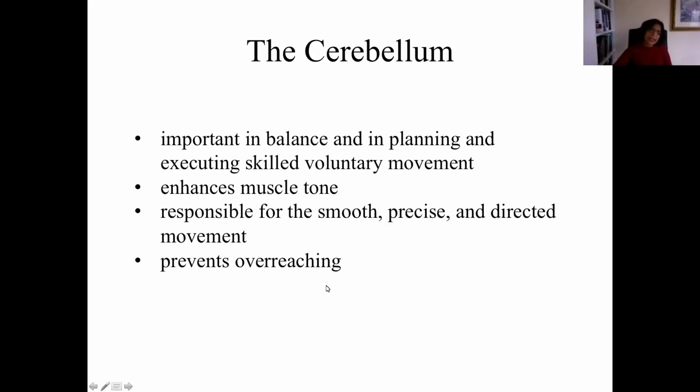Basically, what that's saying is, if you want to grab a pen, how far you have to stretch is controlled by the cerebellum. You don't place your hand way far or way short, but exactly where the pen is. So that is the kind of precise regulation of movement we're talking about.